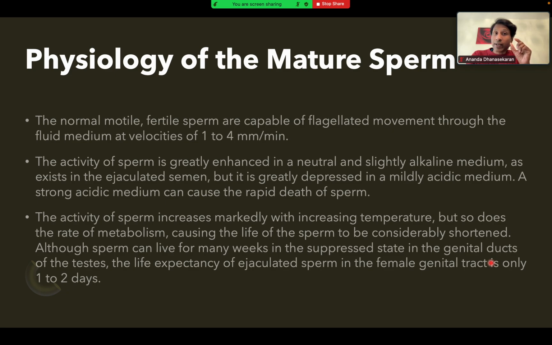The sperm can live for many weeks inside the genital ducts of the testes. That's why if a man ejaculates, he will have one set of sperms ejaculated, but the sperm produced can stay there for many weeks. But once it is ejaculated and is in the female tract, it can stay only for 1 or 2 days.